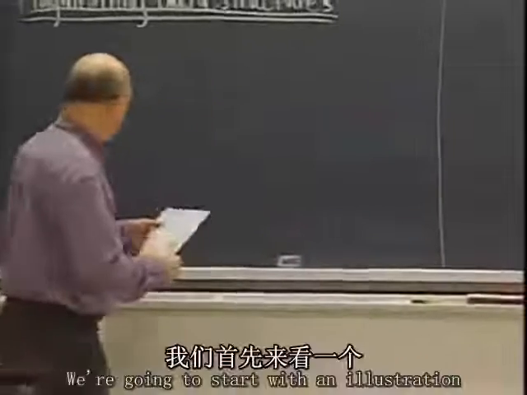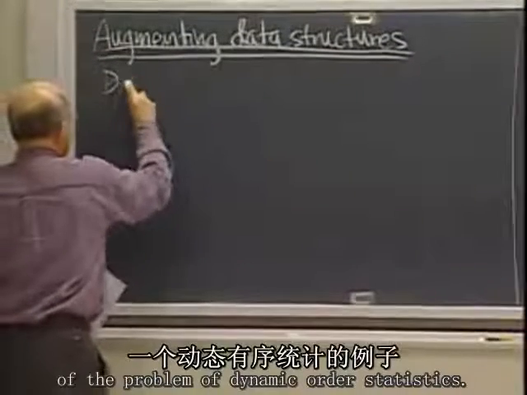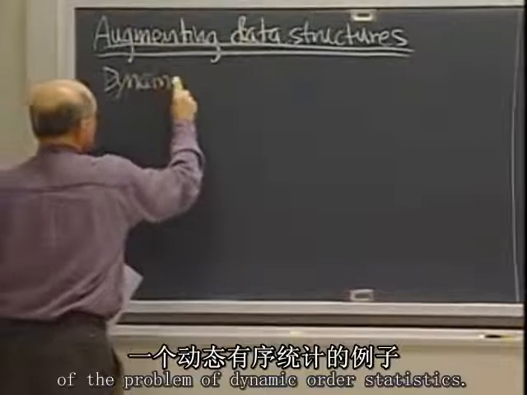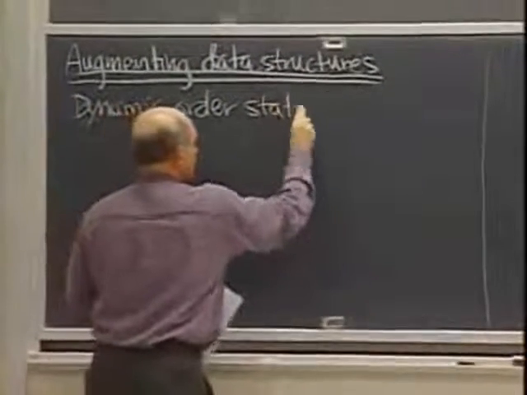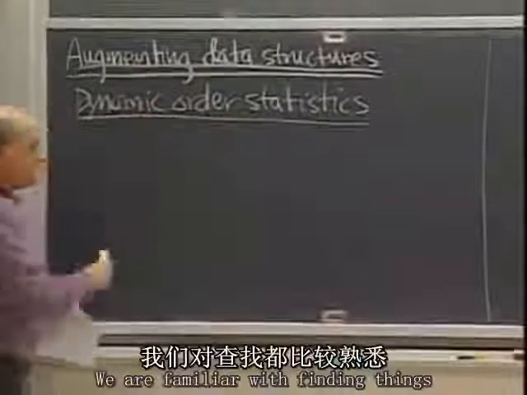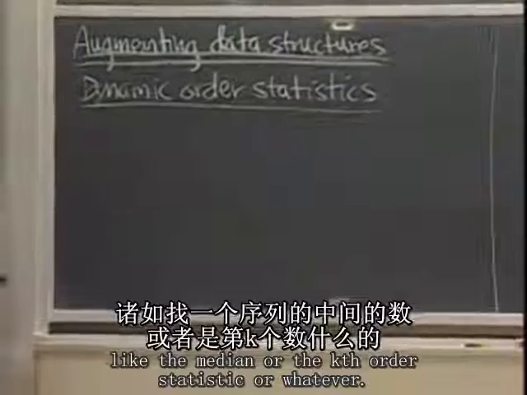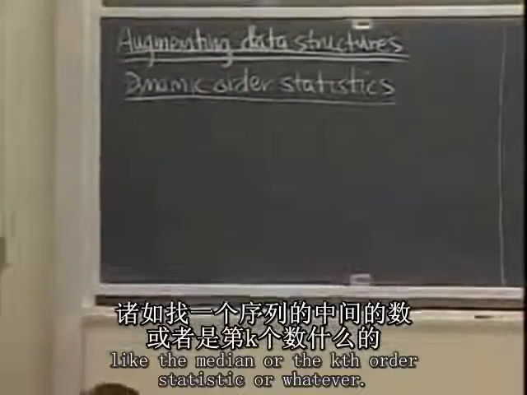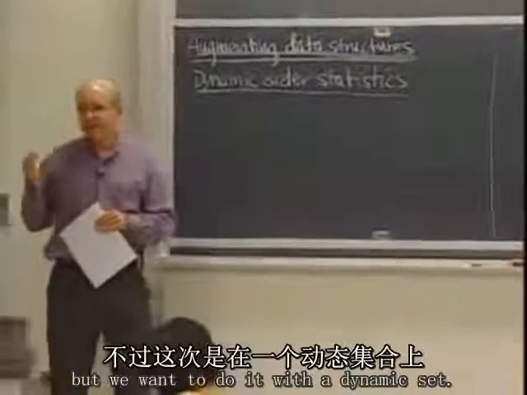Okay, we're going to start with an illustration of the problem of dynamic order statistics. So we're familiar with finding things like the median or the kth order statistic. Now we want to do the same thing, but with a dynamic set.